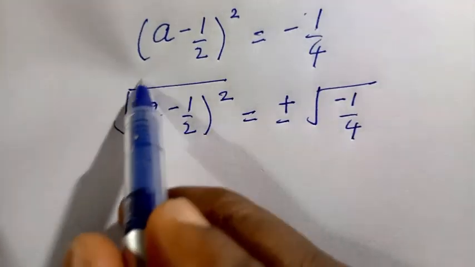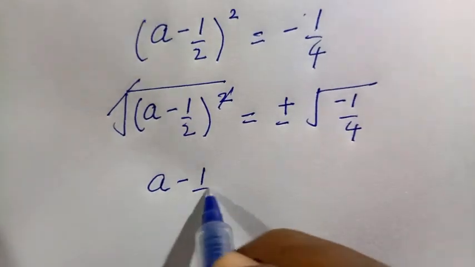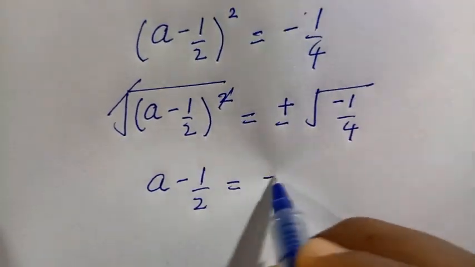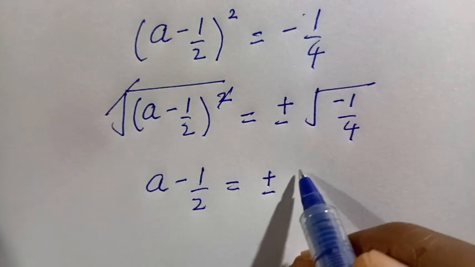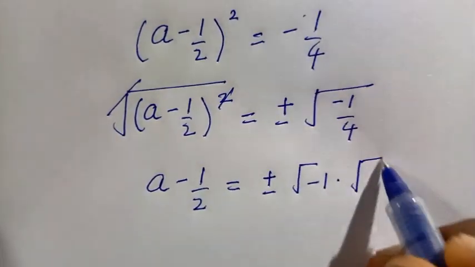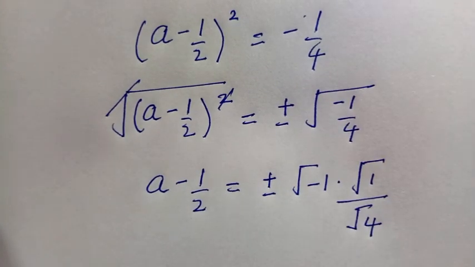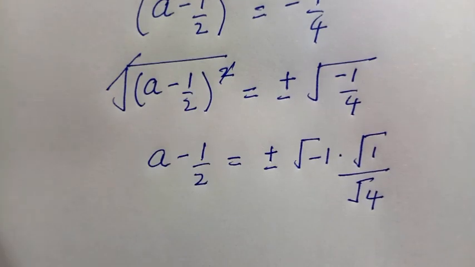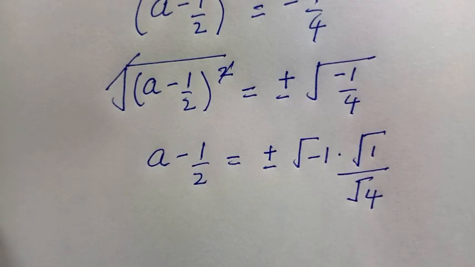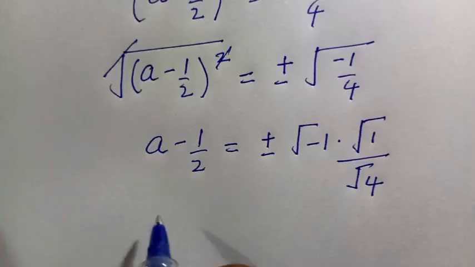Then from here, we have a minus 1 over 2 equals plus or minus. We have to separate this as the square root of minus 1 multiplied by the square root of 1 divided by the square root of 4. So this is a basic rule of surds. The square root of minus 1 gives us i. Then we transfer 1 over 2 to the other side.